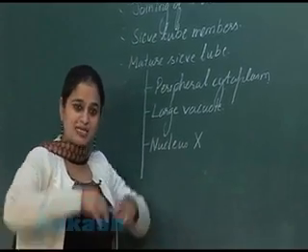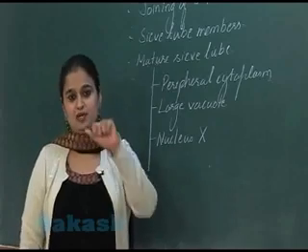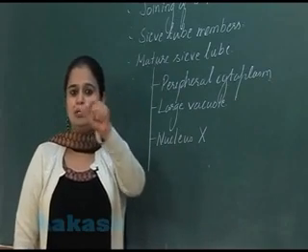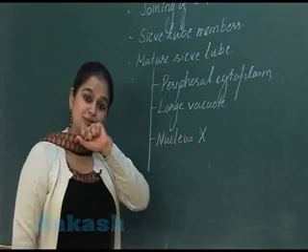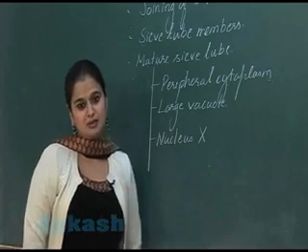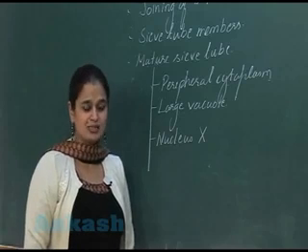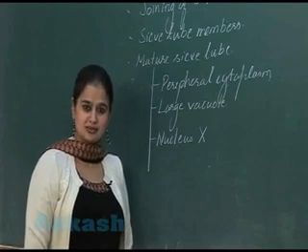The peripheral cytoplasm has moved towards the periphery, inside the center there is a vacuole, but the nucleus is absent. That's why the activities of the sieve tubes will be controlled by the cells which are known as companion cells, right?